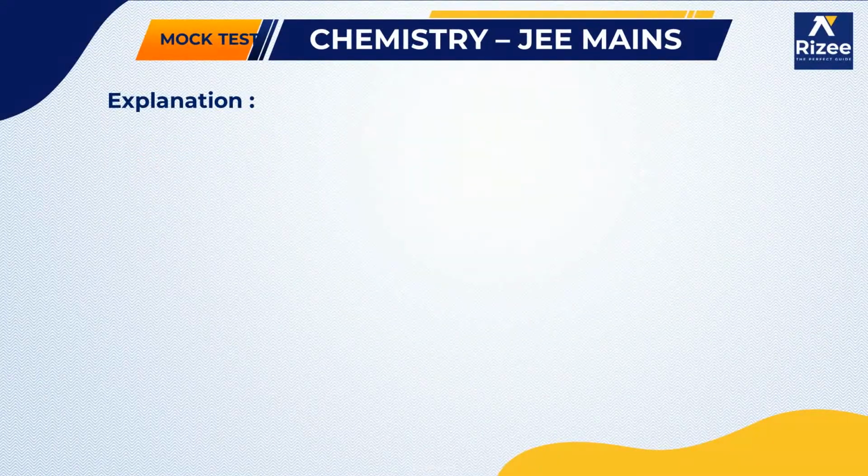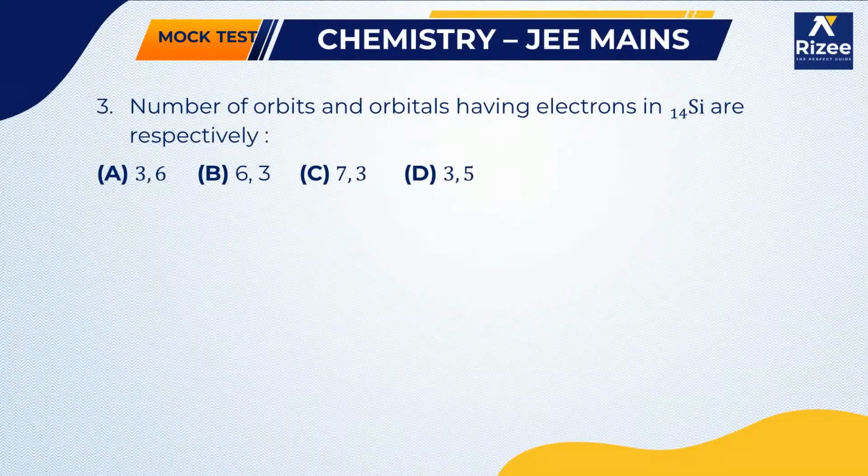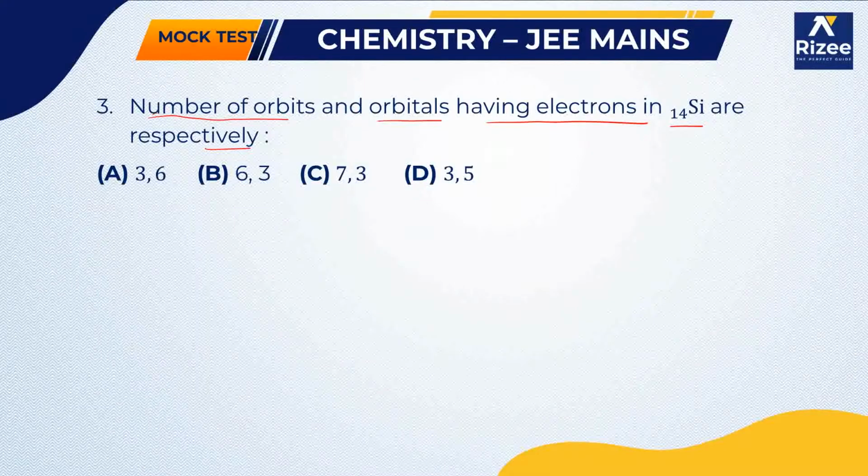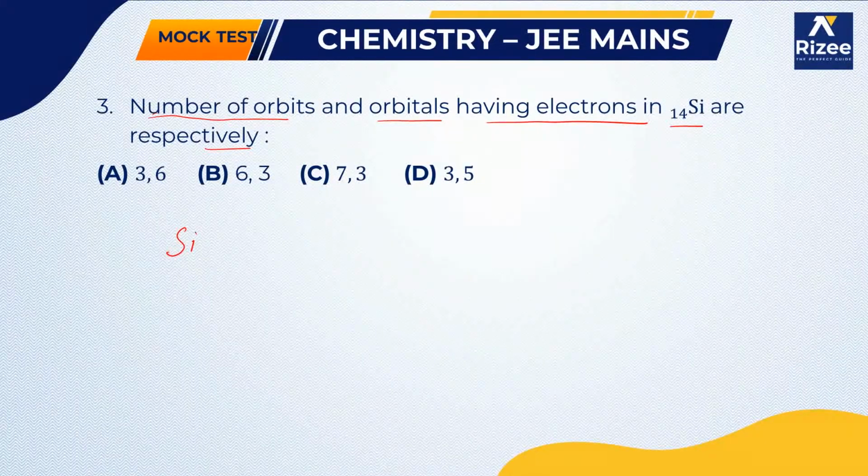Okay. Then, moving on to the next question. He is asking the number of orbits and orbitals having electrons in silicon, respectively. Let us write the electronic configuration of silicon. What is that? 1s2, 2s2, 2p6, 3s2, 3p2.